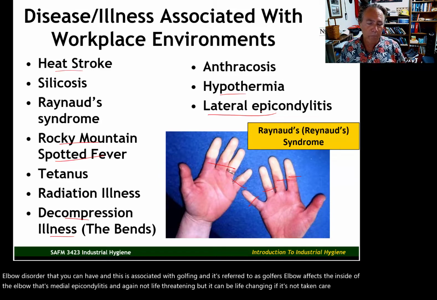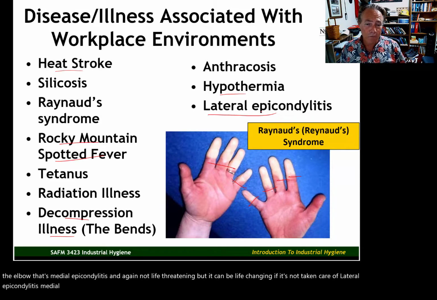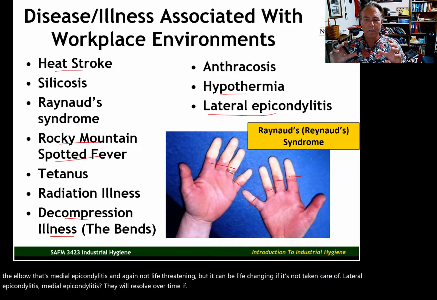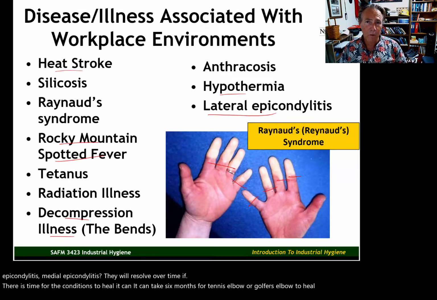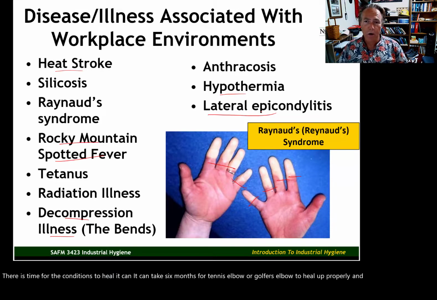Lateral epicondylitis, medial epicondylitis, they will resolve over time if there is time for the conditions to heal. It can take 6 months for tennis elbow or golfer's elbow to heal up properly. And it's even longer if the affected body parts aren't allowed to rest and recuperate and heal up.